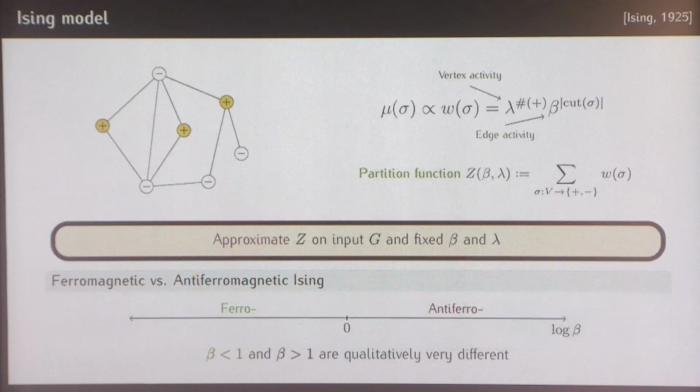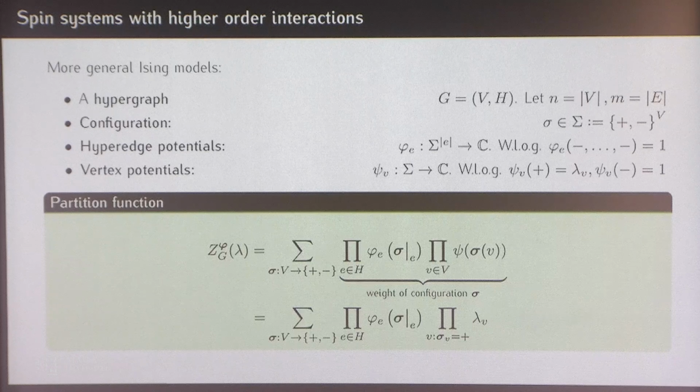So this is pair interactions, but we had this question earlier. We can also talk about many body or higher order interactions. So in general, instead of a graph, one can have a hypergraph, where each hyperedge can have more than 2 vertices. The configurations still are assignments of pluses and minuses to the vertices. And now one can have hyperedge potentials.